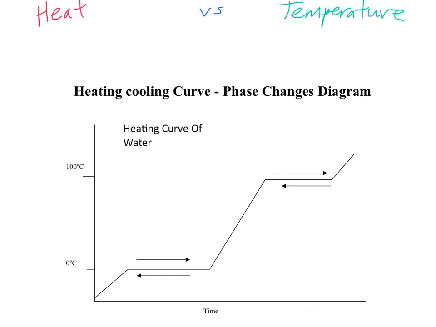So if I was to have a stove, my little stove, with a pot of boiling water. Where is the heat and where is the temperature in this picture?